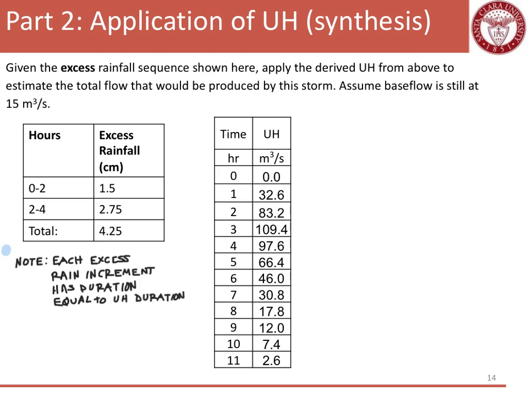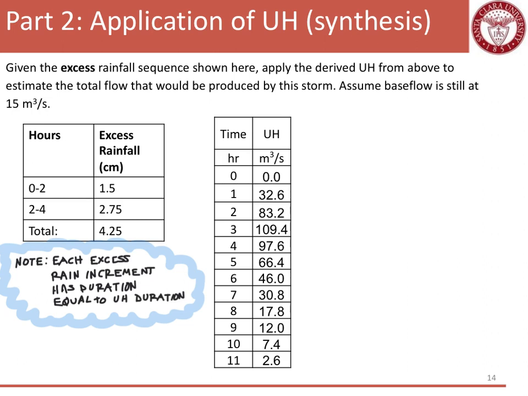A quick note: for us to be able to use linearity and superposition, each of these excess rainfall increments must have a duration equal to the unit hydrograph duration that we previously derived. The only way we can use this appropriately is to apply it for that same duration.